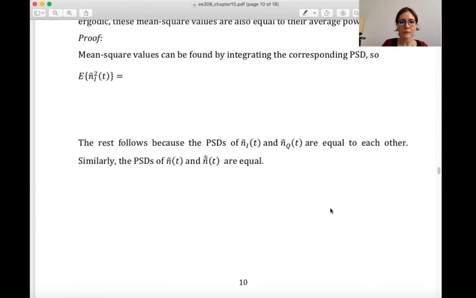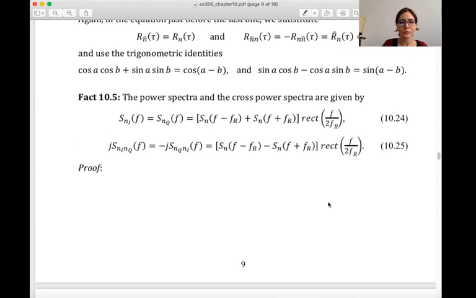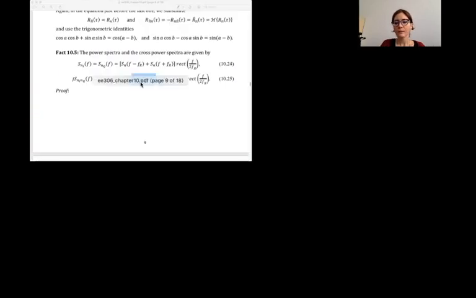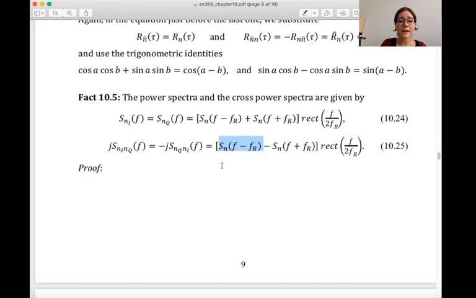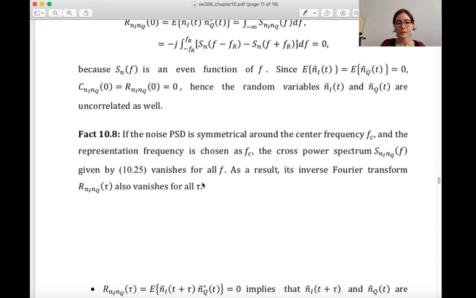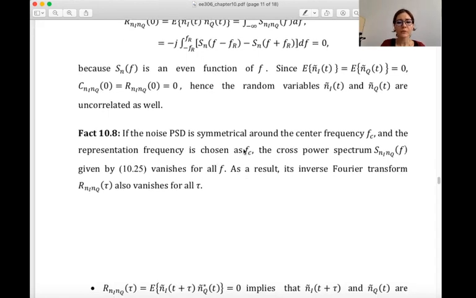Going back to the expression of Sni,nq, this tells us that to get the cross power spectrum, you should take the blue one, and you should subtract the red one. Also, we have another assumption to make about the reference frequency. If the reference frequency or the representation frequency is chosen as Fc, so you shouldn't take an arbitrary Fr, you should choose Fr equal to Fc.